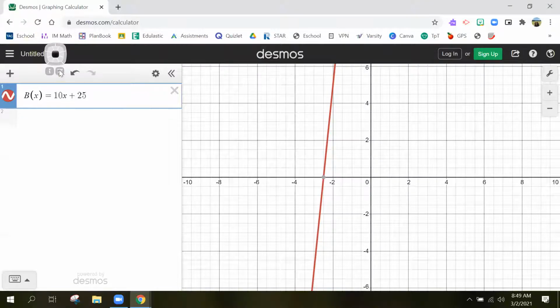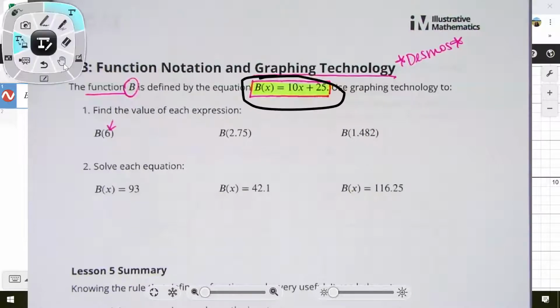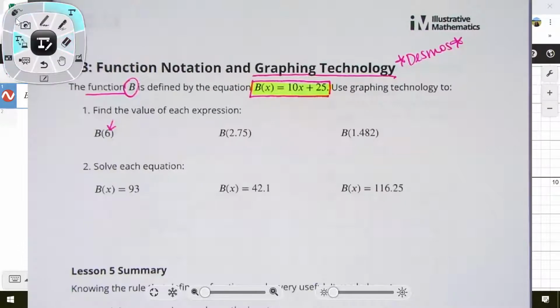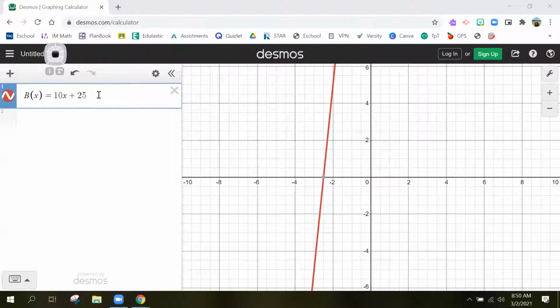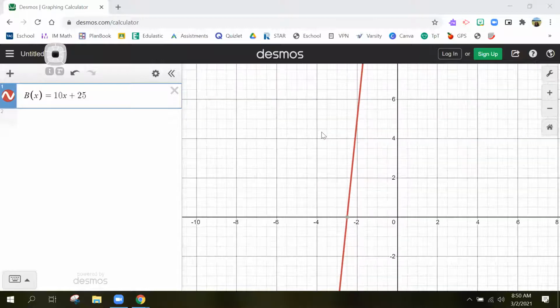I just wrote the exact same thing that was on my paper. So that's what this is, and there's my line. It's basically the exact same thing we just graphed on our other graph in 5.2.